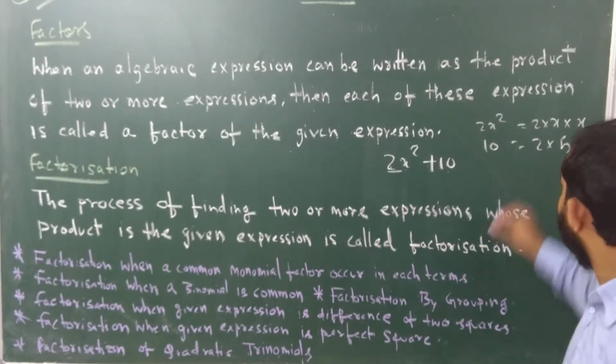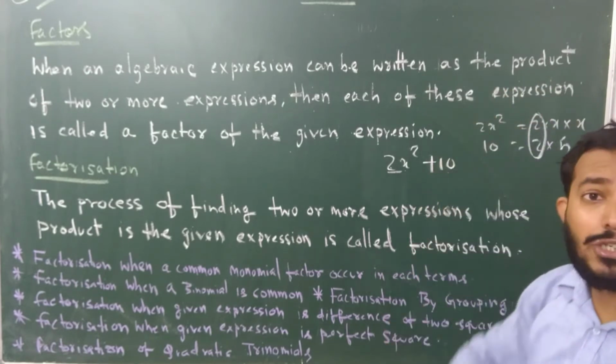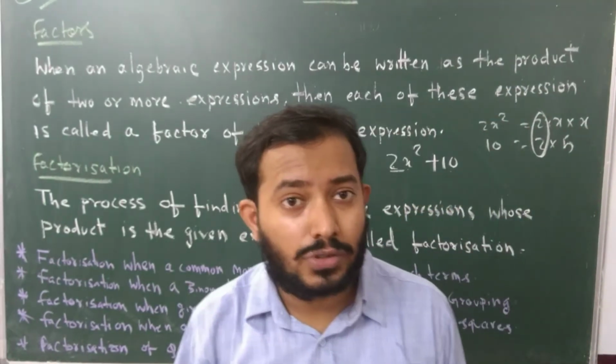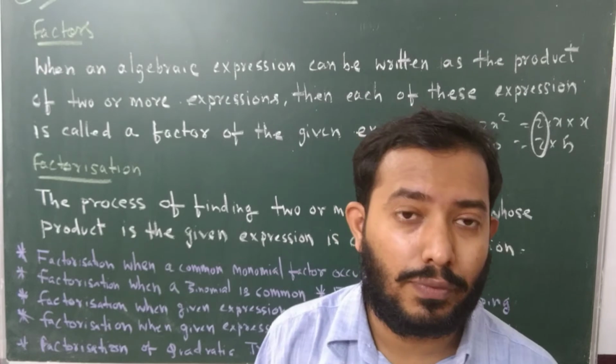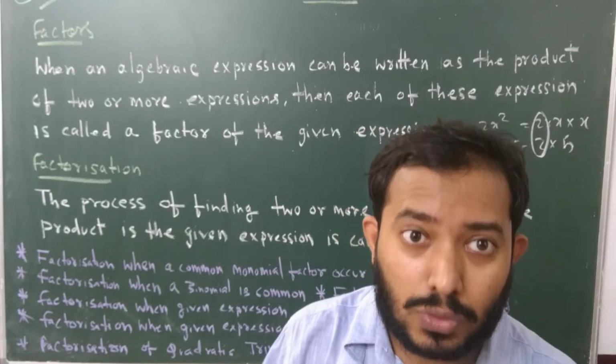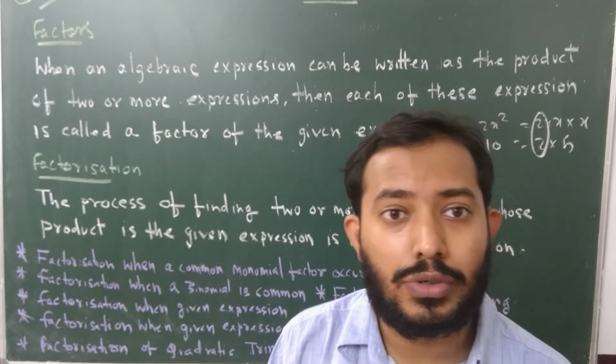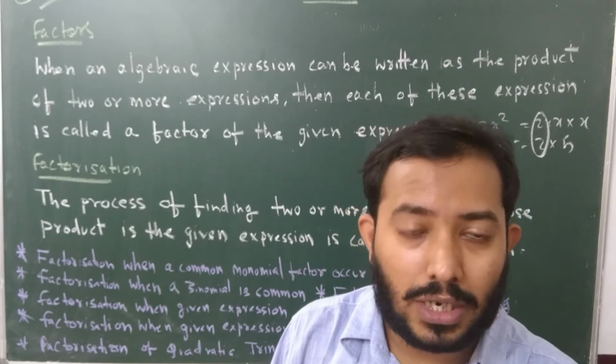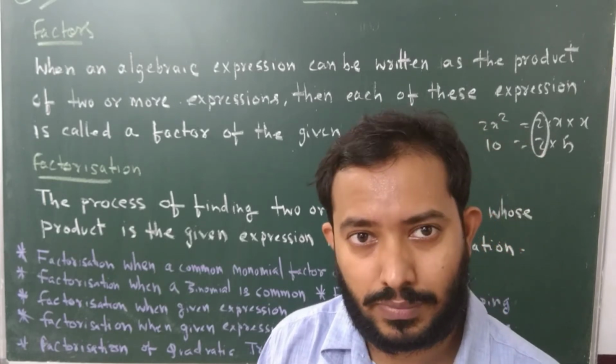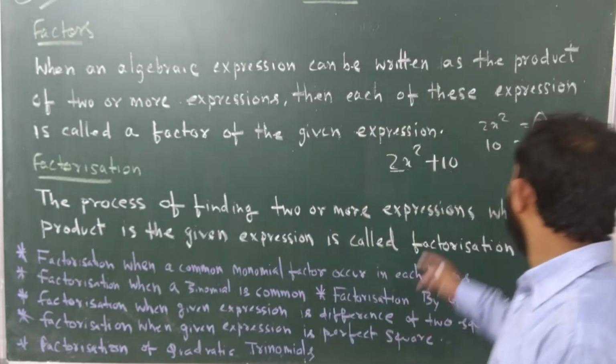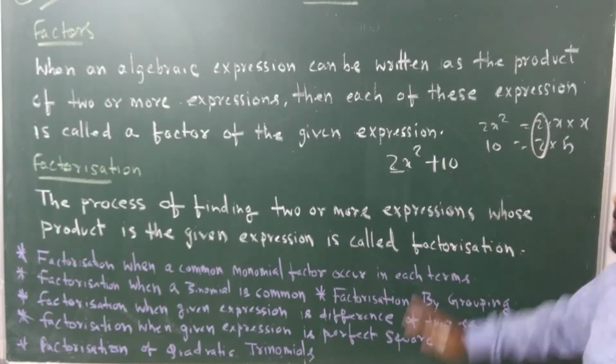So to find your factors or to go for factorization, you need to know how to take out the highest common factor. Here you can see that your highest common factor is 2.